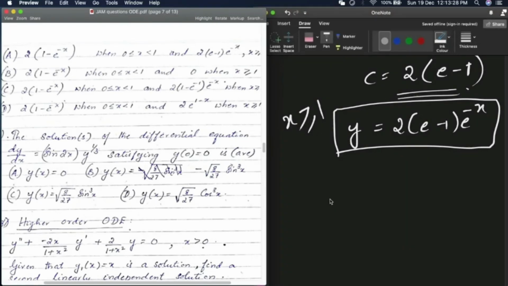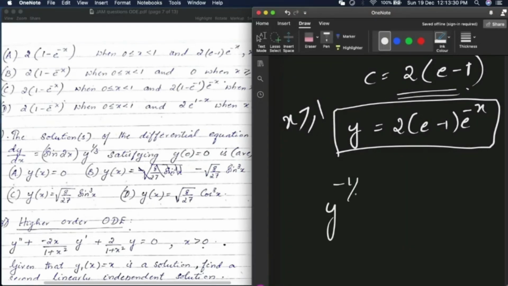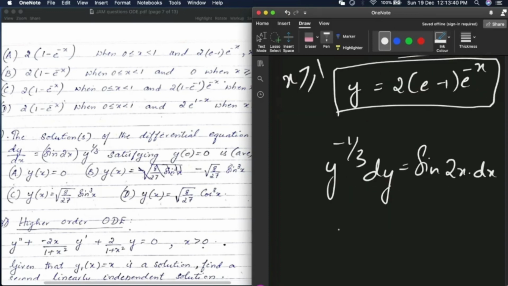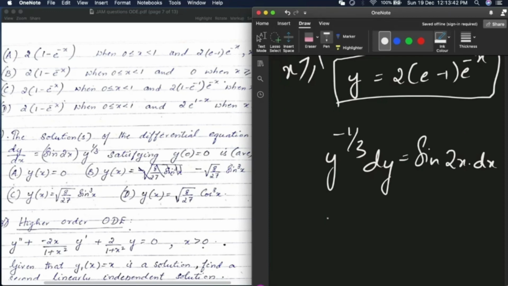So it is y raised to minus 1 by 3 dy is equal to sine 2x dx. It's only to integrate and solve. So it is y raised to 2 by 3 by 2 by 3 is equal to minus cos 2x by 2.